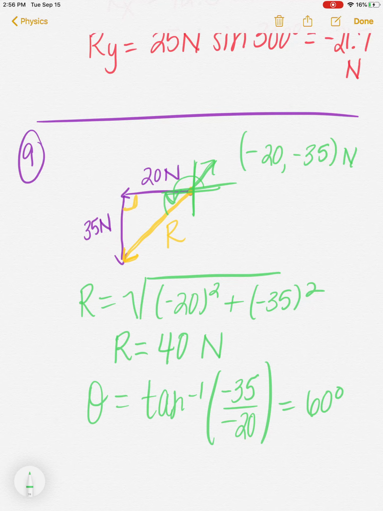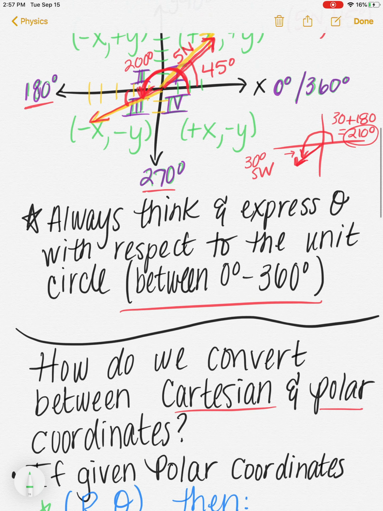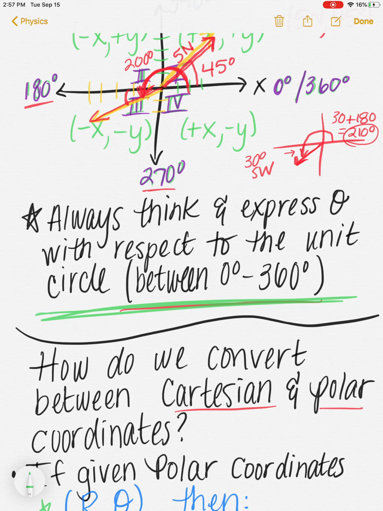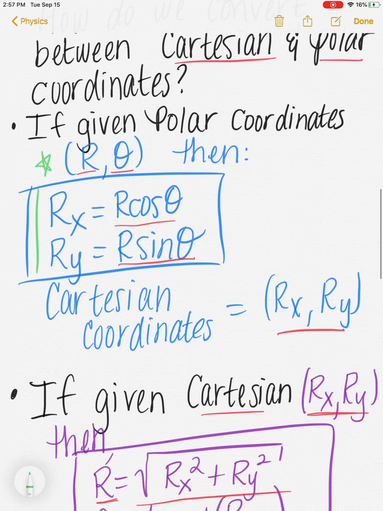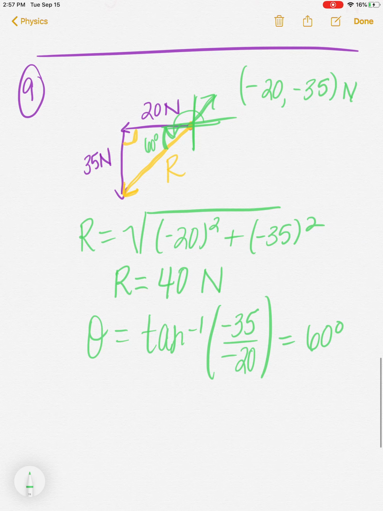So that 60 degrees is this angle right here. If we are supposed to follow our guidelines from up here to always express theta with respect to the unit circle, then we shouldn't call that 60 degrees. We should call that 60 degrees beyond 180, which gives me 240 degrees.